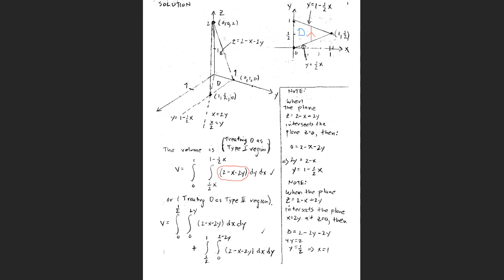The question is now, what are the boundaries? Well, if I treat the region as a type 1 region, then I'm integrating with respect to y first. So the y limits are going to be the top and bottom functions that bound the region D, and that's going to be 1 minus a half x and a half x.